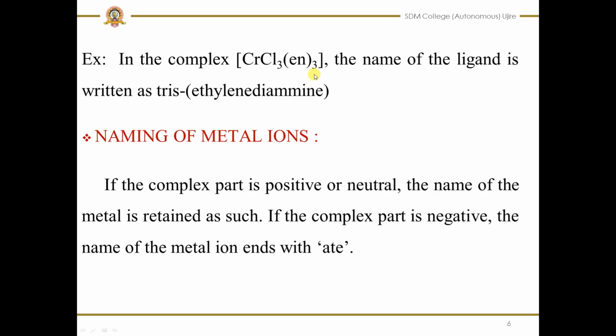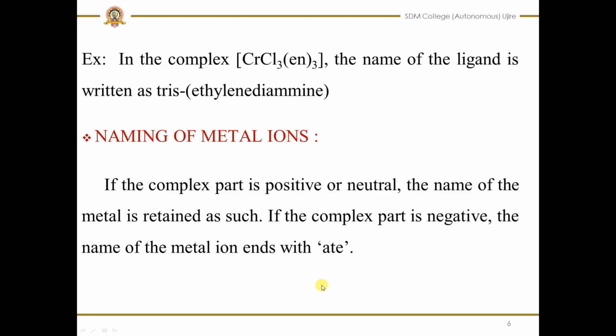So, the name of this ligand is tris(ethylenediamine). Then naming of metal ions. If the complex part is positive or neutral, the name of the metal is retained as such. If the complex part is negative, the name of the metal ends with the letters ATE.